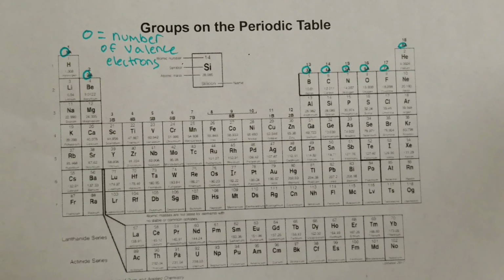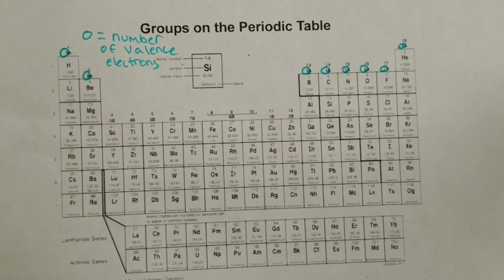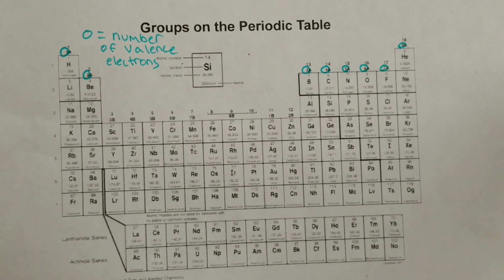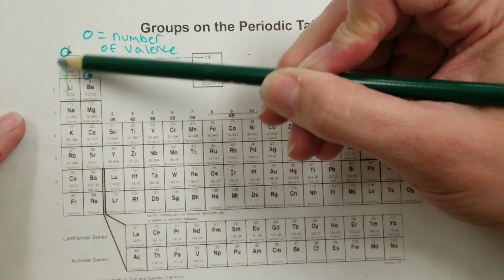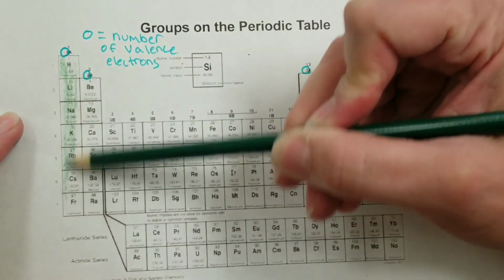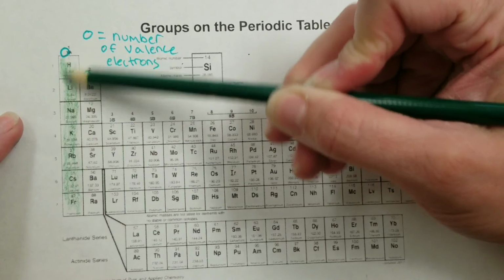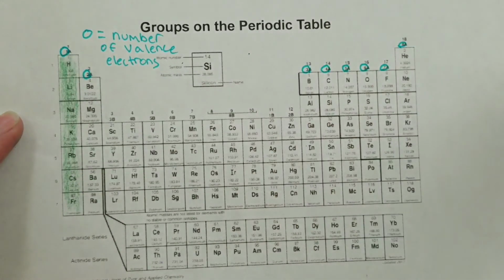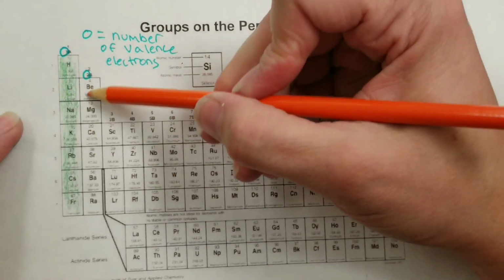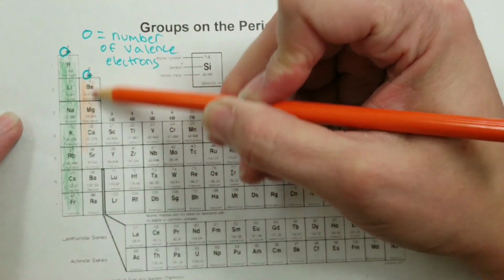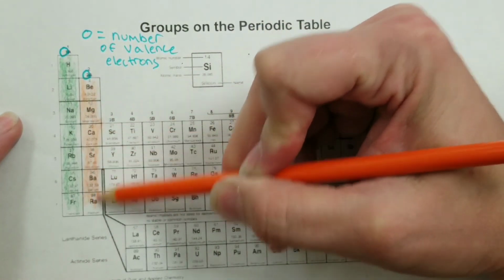All right, and then it says on the periodic table, color each group a different color. I have no idea how to speed up time on this video, so I'm just going to color real fast. So each group is a different color. You may color this whatever color you want, just as long as each group is a different color.